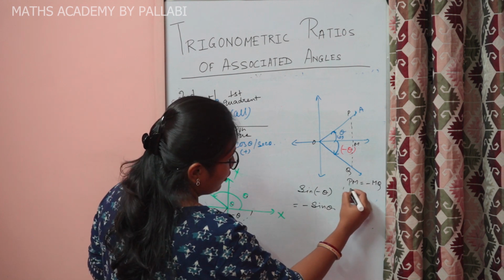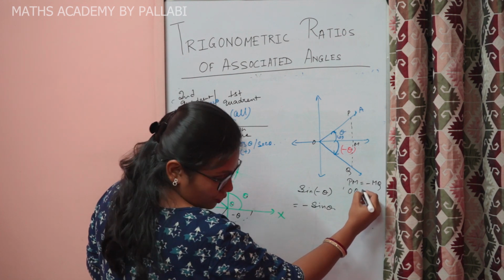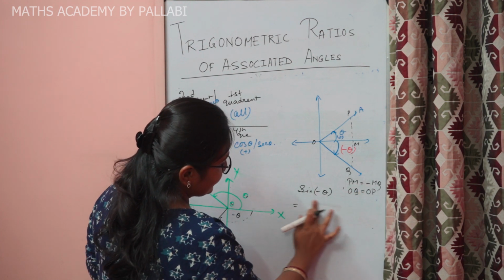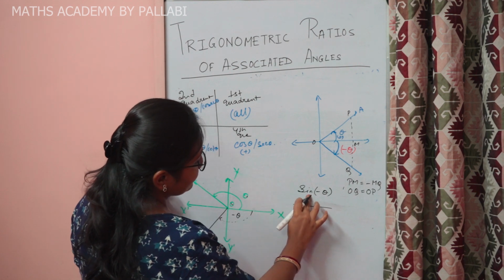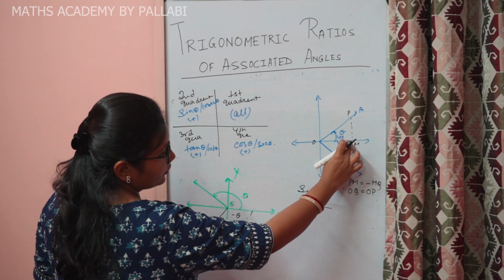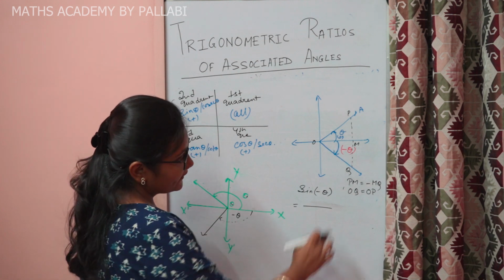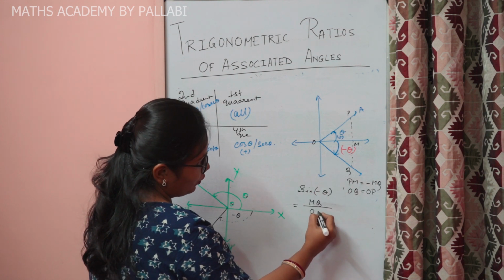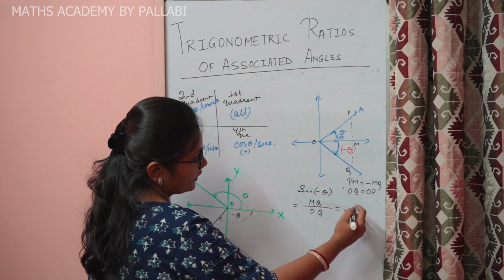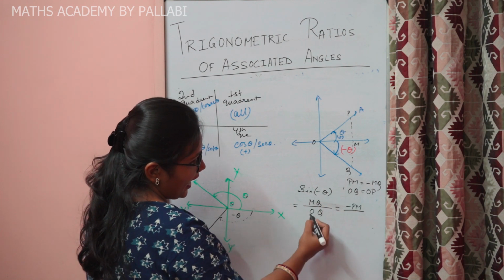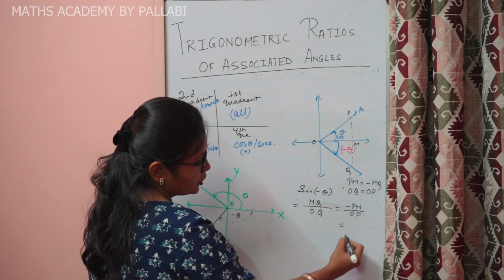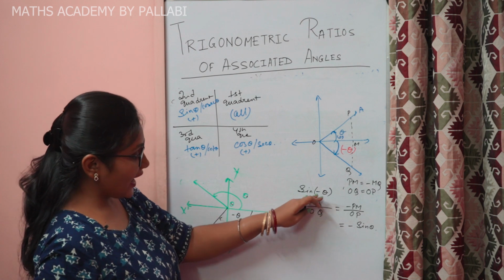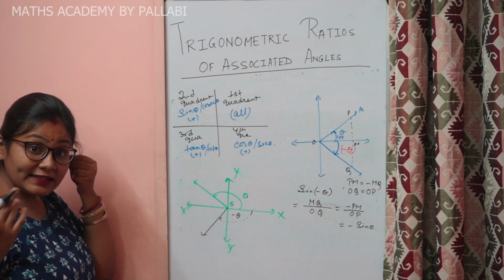And OQ should be equal to OP. So for sine minus theta, this triangle should be considered. In this triangle, the perpendicular is MQ and the hypotenuse is OQ. Again MQ is minus of PM and OQ is equal to OP. So it will be minus sine theta. So you can conclude that sine minus theta will always be minus sine theta.